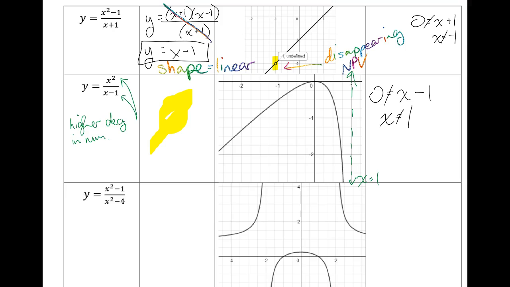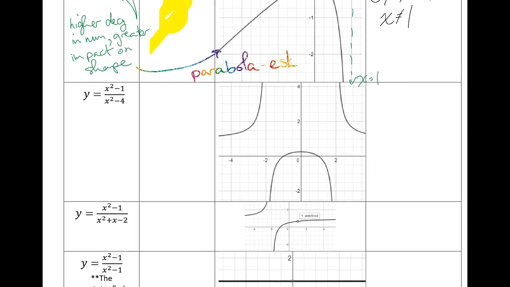So if we have a higher degree in the numerator, that has a greater impact on shape. And again, that's what we're seeing with this kind of like weird parabola. It's parabola-esque.